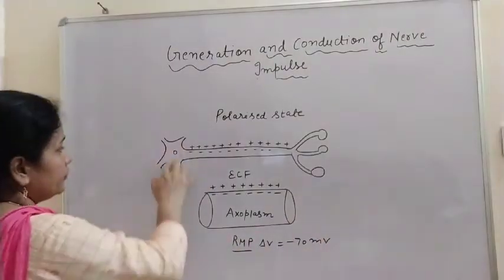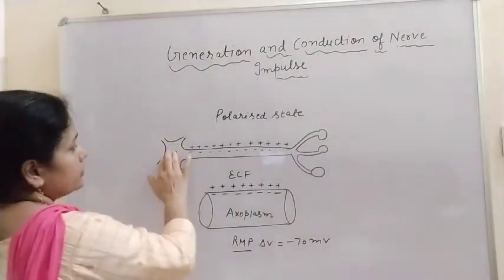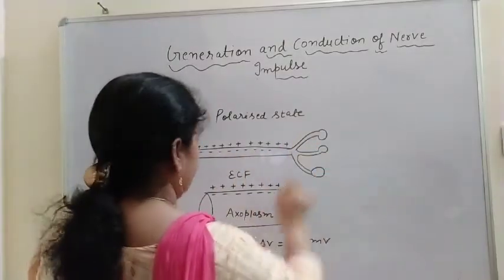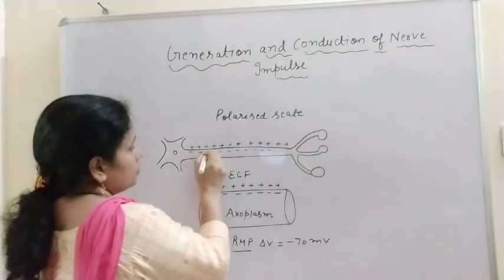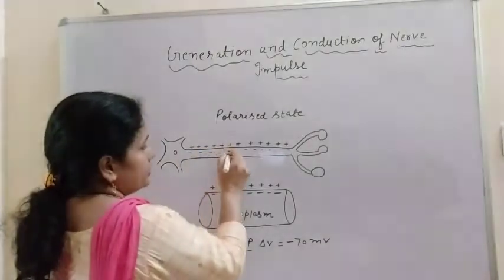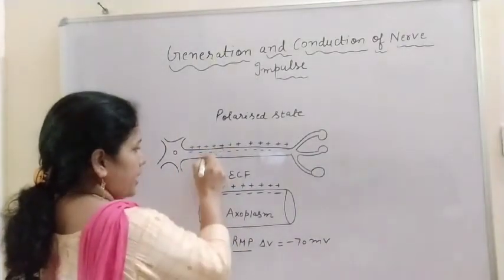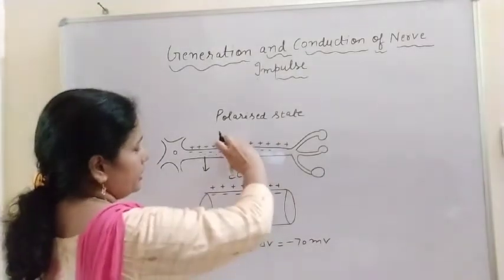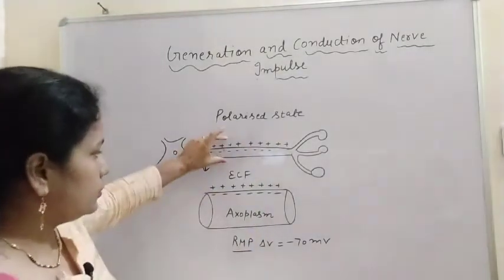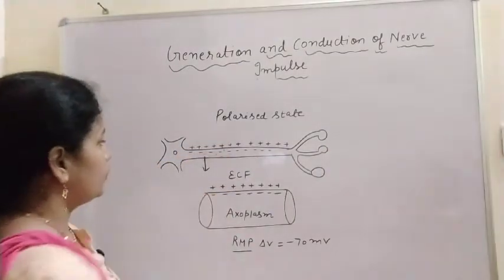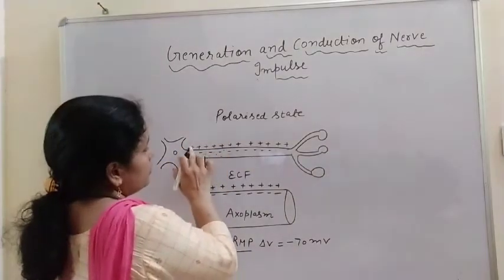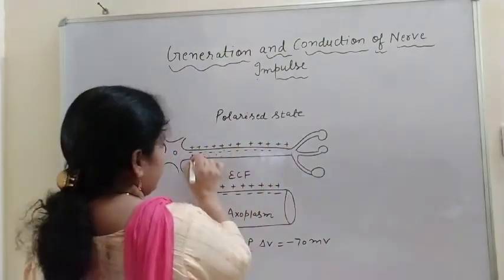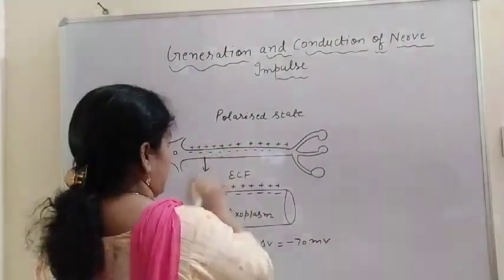So firstly, here is the cell body, the axon, and the nerve ending. The cytoplasm present in the axon is the axoplasm, mentioned here, the inner part of this axon. And here you can see the positive charge is present outside and negative charge is present inside.